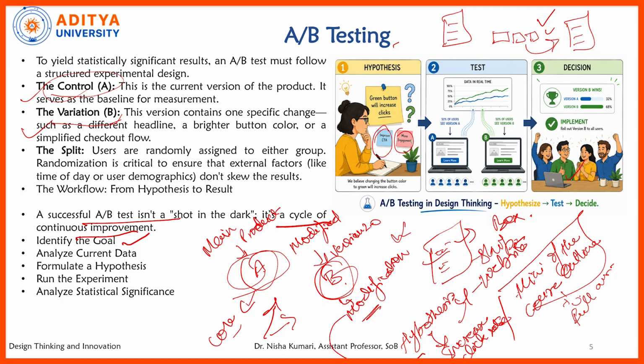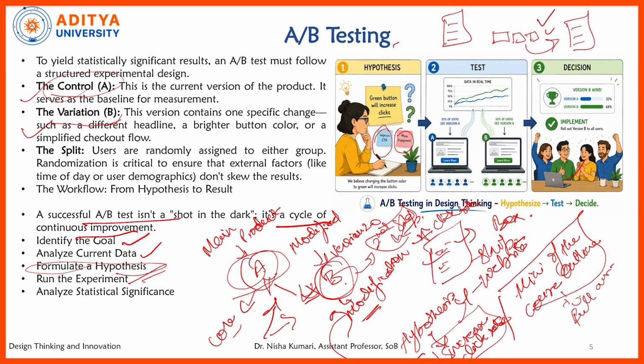That kind of modification we will make in our variation B, and then we are going to analyze the data based on the variation, like what is the difference between the A and the B product, and we are going to formulate a hypothesis that by making the box appear at the second step, the click rate is going to increase. So that will be your hypothesis, which means there is a significant relationship between your click rate and the appearance of the details box at the second stage.